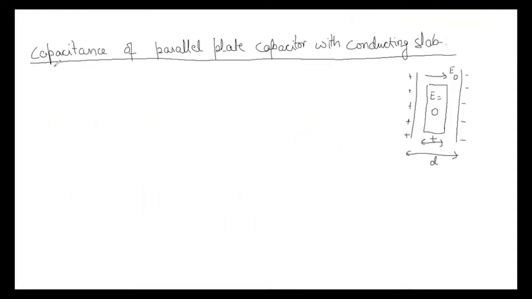The next topic is the capacitance of a parallel plate capacitor when a conducting slab is inserted between the plates of the capacitor. Let this be the parallel plate capacitor, which is created between two parallel sheets, one having plus sigma surface charge density, that is positive charge on this sheet, and an equal amount of negative charge on the other sheet.